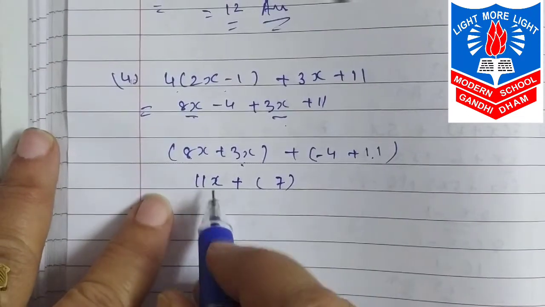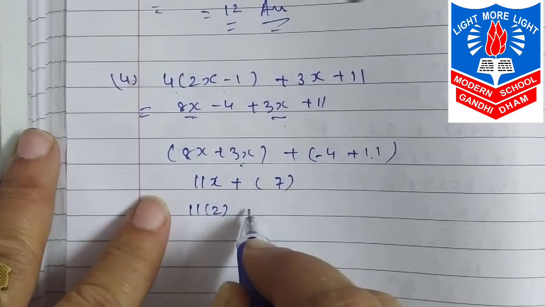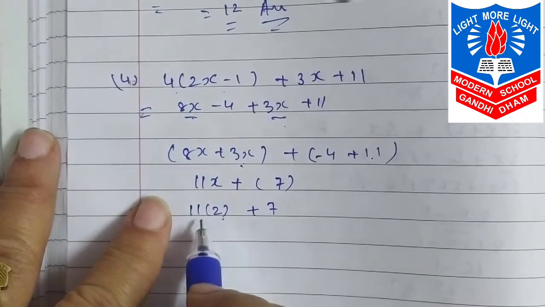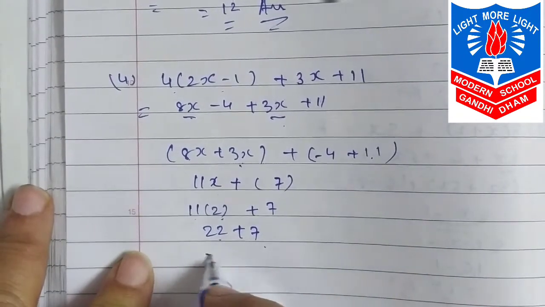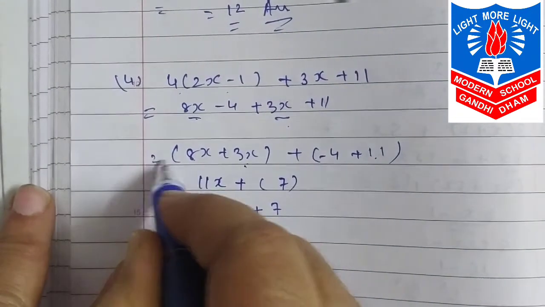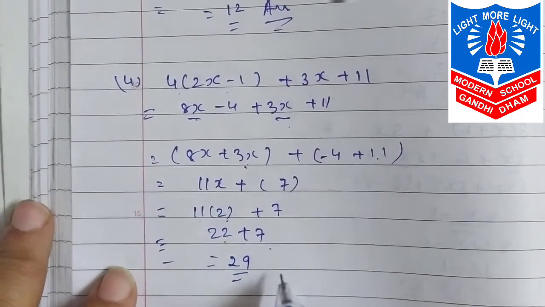Okay, so 11 into 2 plus 7. 11 2s are 22 plus 7. So 22 plus 7 is 29. It's our answer.